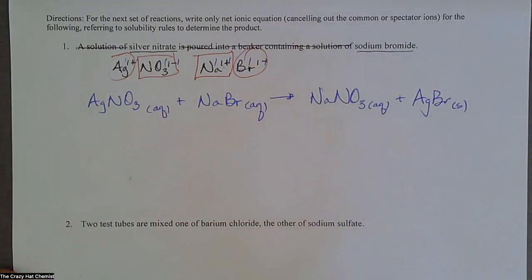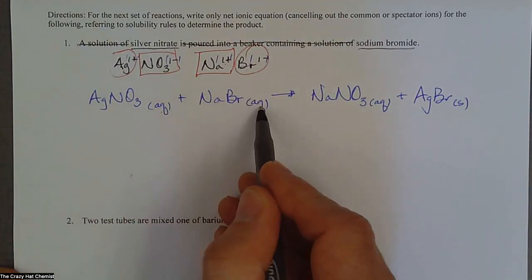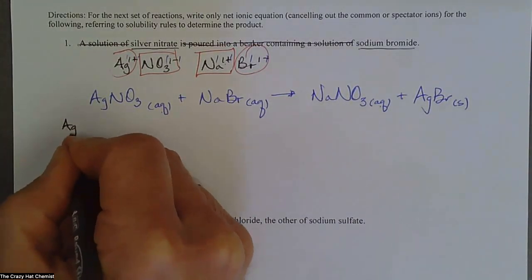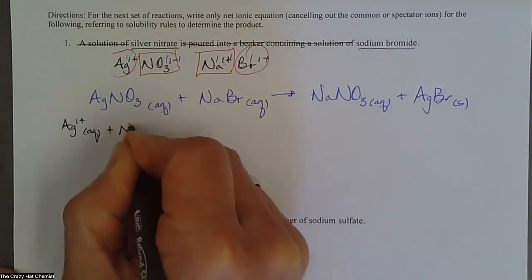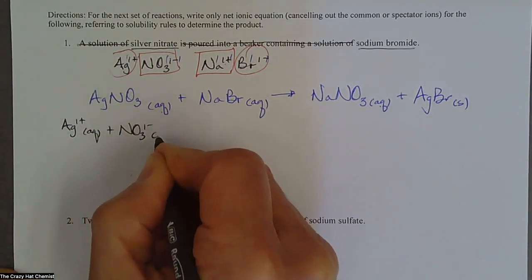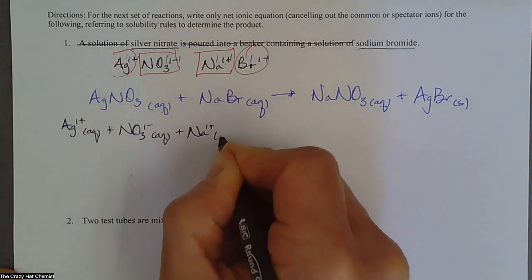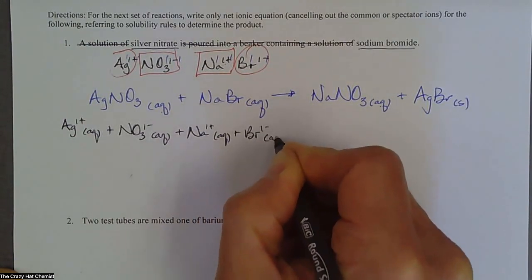So then the next thing that we need to do is write the total ionic equation. If it is aqueous, then you break it apart into its ions. So we're going to do Ag1+ aqueous. This is going to be quite tedious, but it works really well. NO3 1- aqueous plus Na1+ aqueous plus Br 1- aqueous.